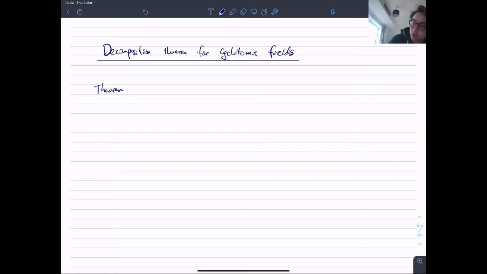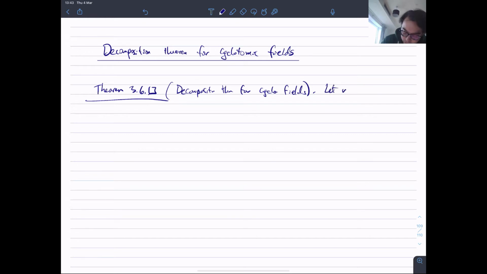So this is Theorem 3.6.13, and what does it say? So this is called a decomposition theorem for cyclotomic fields, as the title of this section suggests. So what's the theorem? This is going to be in full generality.